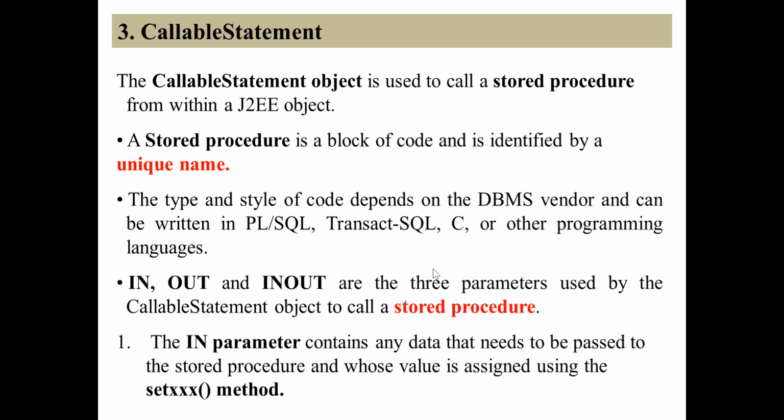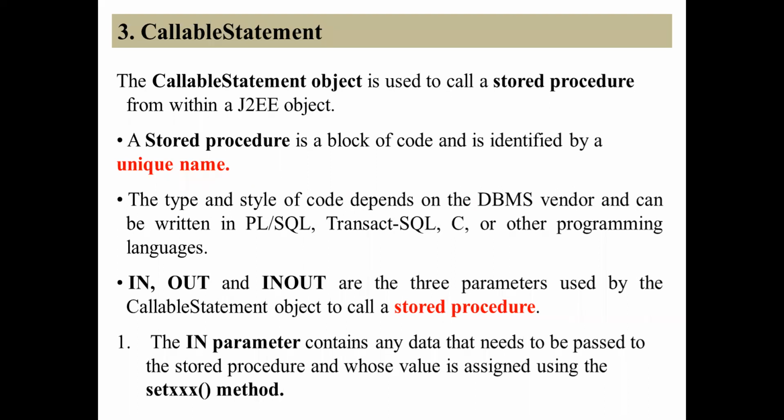To summarize: what is a callable statement? It is used to call the stored procedure. Then what is a stored procedure? It is a set of code identified by a unique name. Whatever the type of data and the style of the code depends on the database management system vendor, and it can be written in PL/SQL, Transact-SQL, C, or any other programming language.